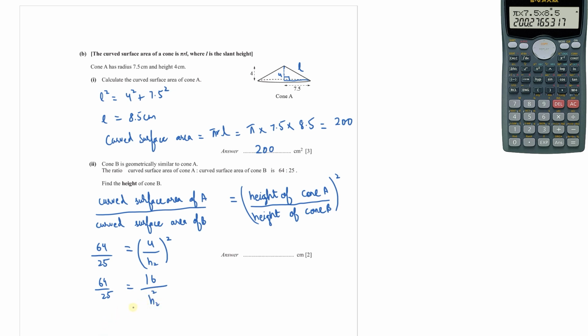Then I can find H2 if I take this to the other side. So H2 squared equals 16 into 25 divided by 64. Then H2 will be the square root of 16 into 25 divided by 64. So this is 2.5. So the height of cone B is 2.5 centimeters.